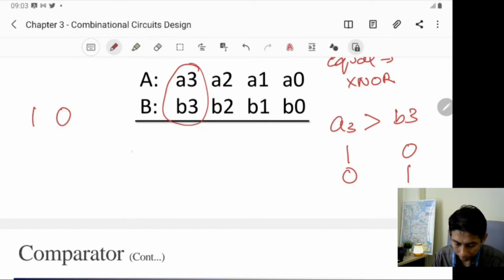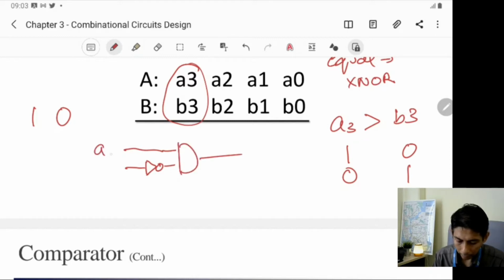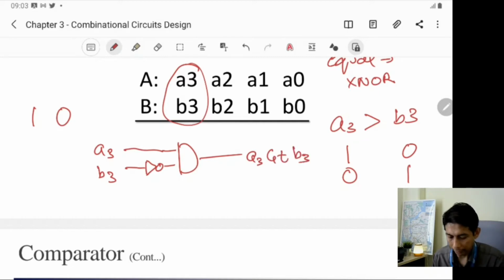So we can have something like this: A3, B3, and this signal, for example, we name it A3 GT B3, the name of this output here.